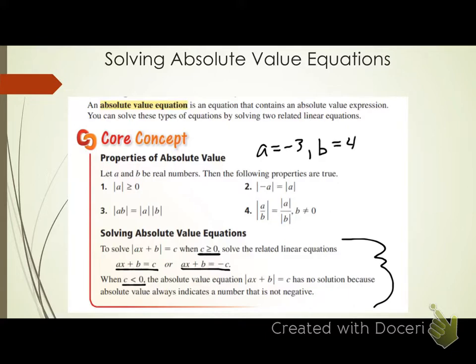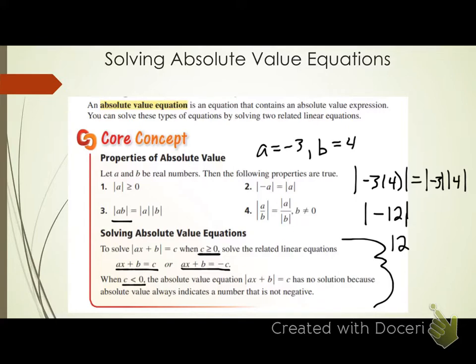So for the first half right here, absolute value of AB, that'd be absolute value of negative 3 times 4. It's telling me to multiply my numbers first and then take the absolute value. Okay? So what's negative 3 times 4? Negative 12. What's the absolute value of negative 12? 12. Okay? That's the same thing as if I were to take the absolute value of the numbers first and then multiply them.